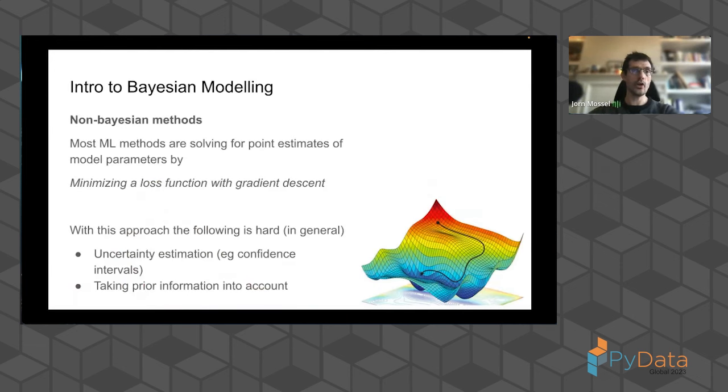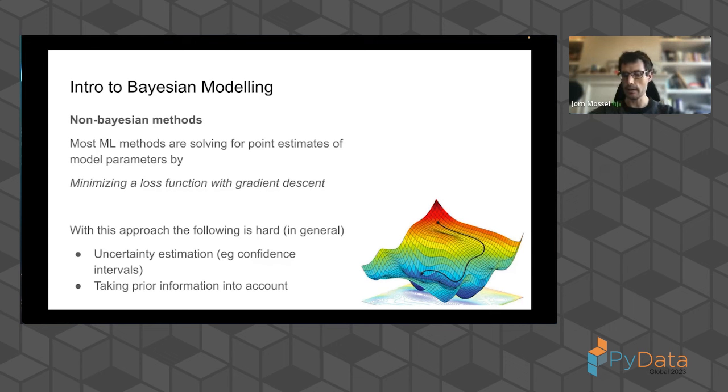So let's contrast that with a non-Bayesian method. If we take any machine learning problem, we typically want to minimize some loss function via gradient descent. Artist impression here on the right. We try to find this global minimum here, and maybe we have taken this path. Typically, it's a very fast approach, but 2 things that are hard with this approach: we may find this minimum, but we have no good way to quantify how certain we are with our estimate.